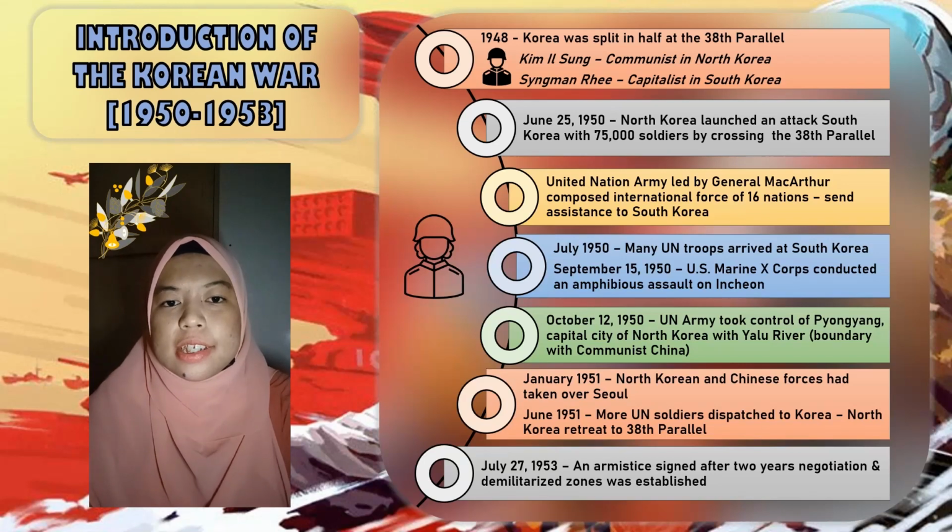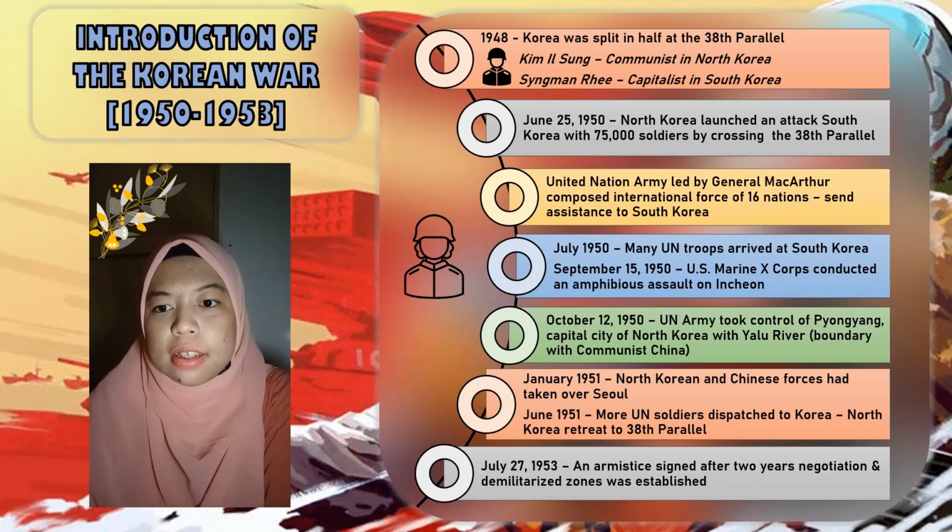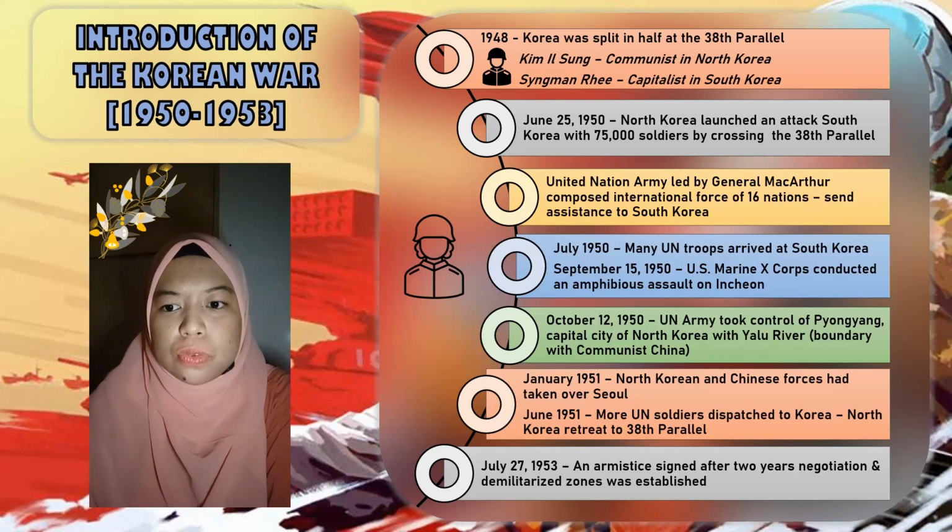This was a challenge since President Truman and the US intended to stop the domino effect from spreading communism. That is, if Korea succumbed to the idea, other nations would follow soon. The United States pushed a resolution through the UN Security Council in response to a request for assistance from South Korea.